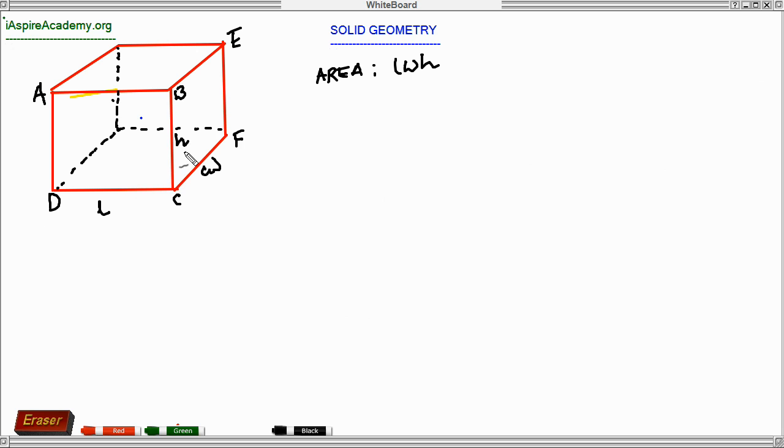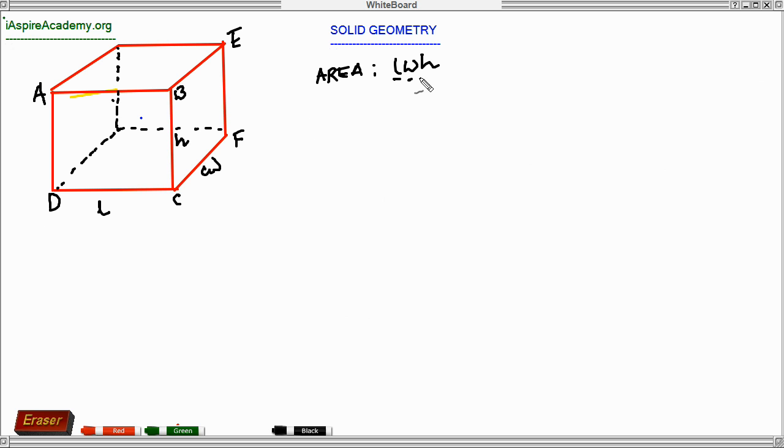You can see it follows quite logically, because the area of this surface is L times W, and if you stack up lots of such rectangular pieces to cover the entire solid, you probably get something equivalent to H. So then you will come up with LWH. That's a way to remember it in case you find it difficult.